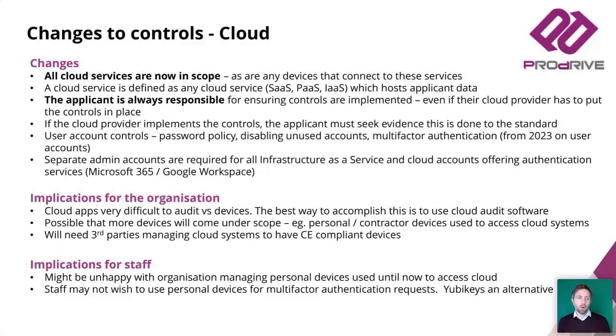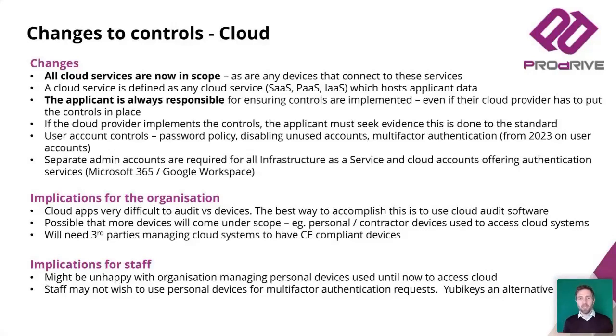So going forwards, all cloud services are now in scope. What's important here is what Cyber Essentials defines as a cloud service. It's any cloud service, and they're talking about, apologies for the abbreviations, software as a service, so that's basically a web application you might log on to; platform as a service, so that's something you might use within Azure, for instance; or infrastructure as a service, so cloud servers.